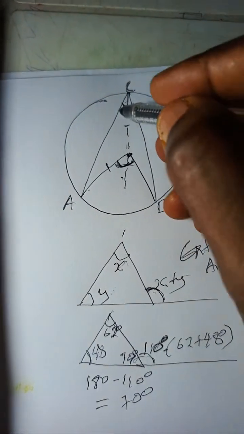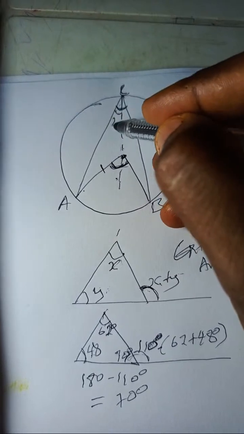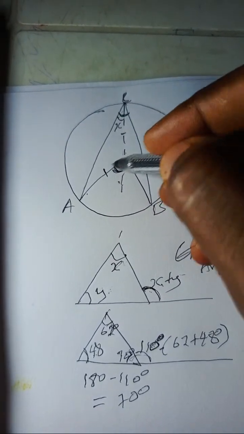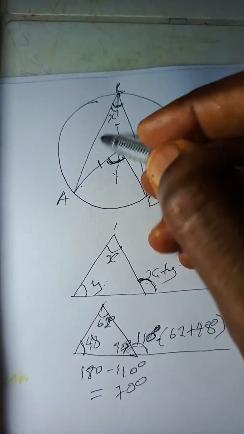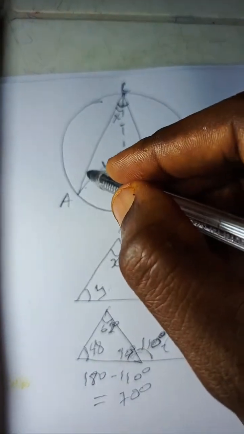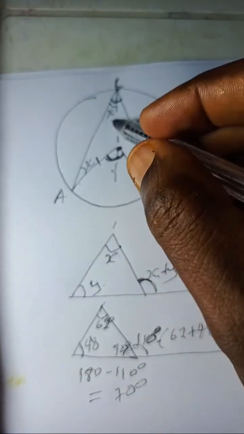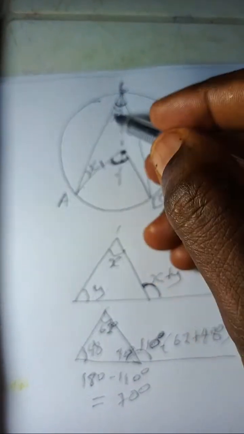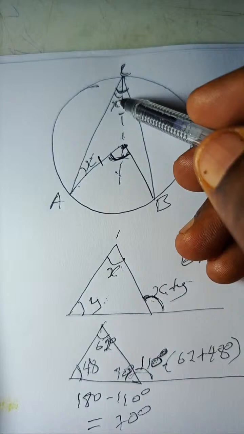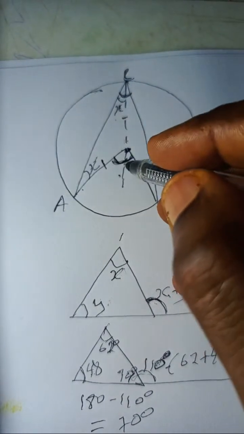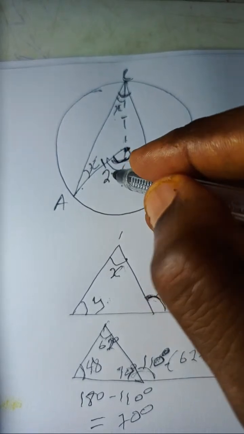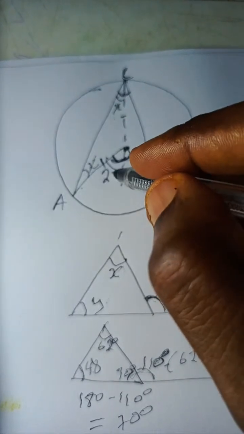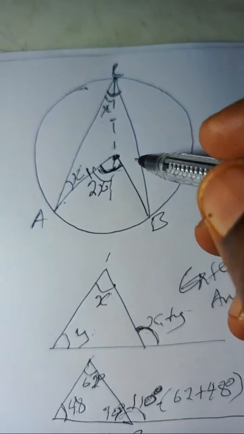That means if we call this angle x, since it's an isosceles triangle, remember that when you have an isosceles triangle, the base angles must be equal. So when this is x, this must also be x. Now, the sum of these interior angles will give us the exterior angle for this triangle, so it should be x plus x, which is 2x.